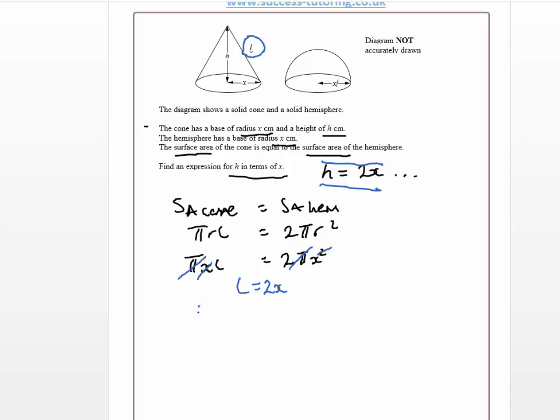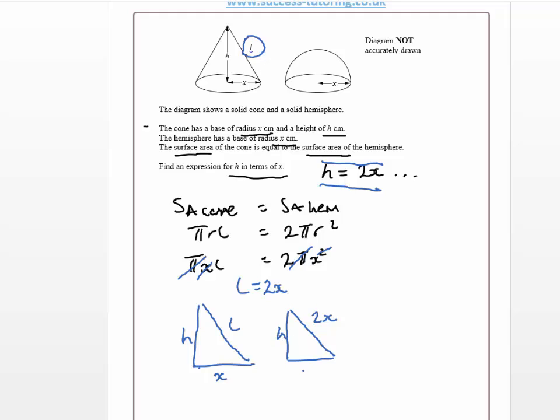Let's go ahead and try and draw out what appears to be a triangle. If you notice here, you've got a height h, we've got L, and we've got an x here. I'm going to redraw the triangle just here, but we know L is 2x, so instead of putting L, I'm going to write 2x.